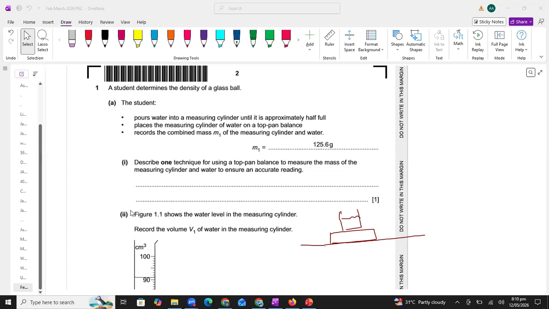So we can write this answer, students: ensure the top pan balance is placed on a smooth horizontal surface.